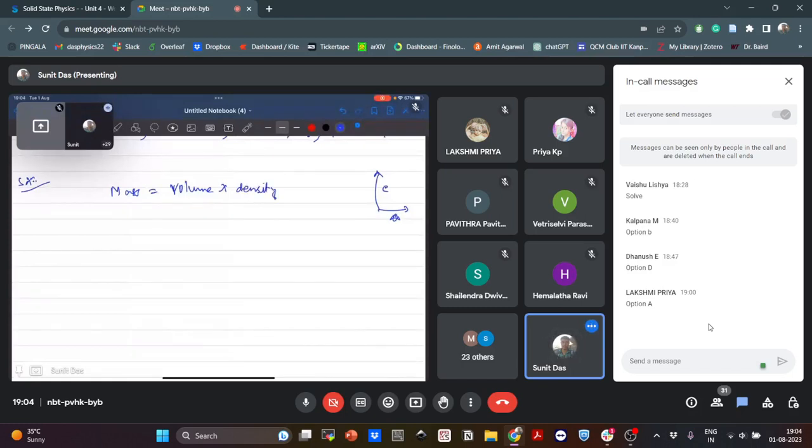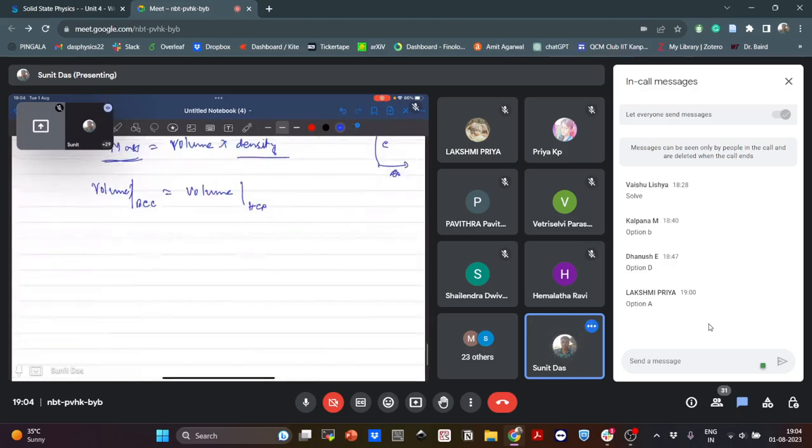It says density also remains the same along with mass when it transforms to another phase. So essentially the volume in the BCC structure is the same as the volume in the HCP structure for this problem.